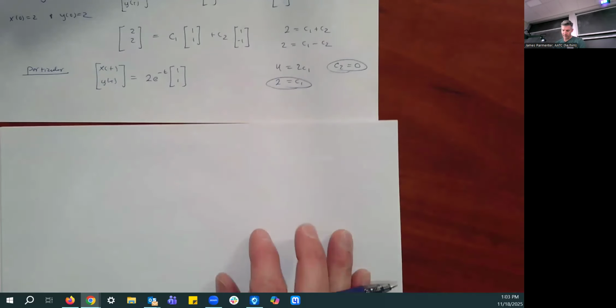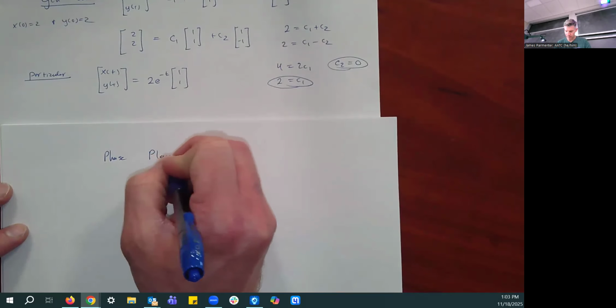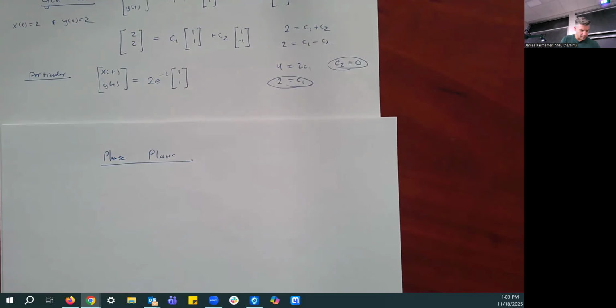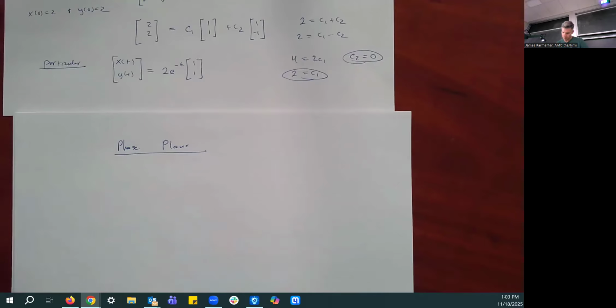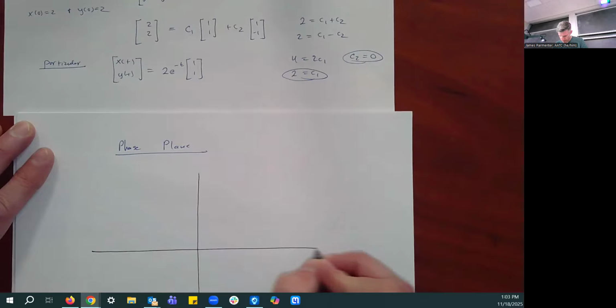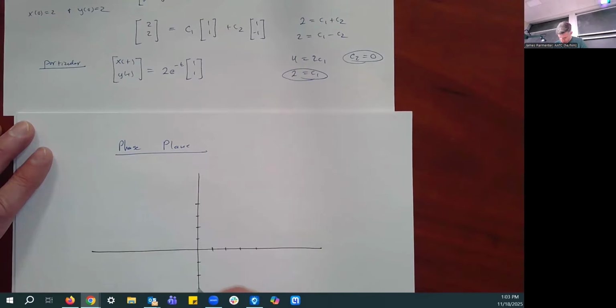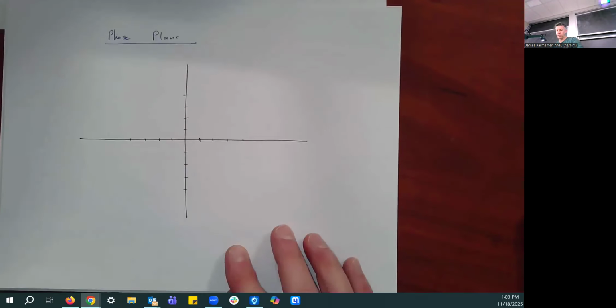So, phase plane here. First, let's do the eigenvector directions.